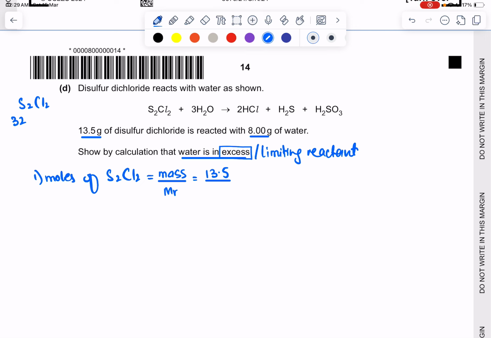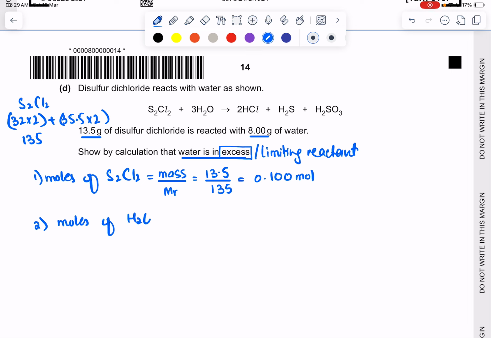Sulfur is 32 times 2 plus chlorine is 35.5 times 2. So the answer is 135. So 13.5 divided by 135 is 0.100 mole. This is the moles of disulfur dichloride. Now let's calculate the moles of water.